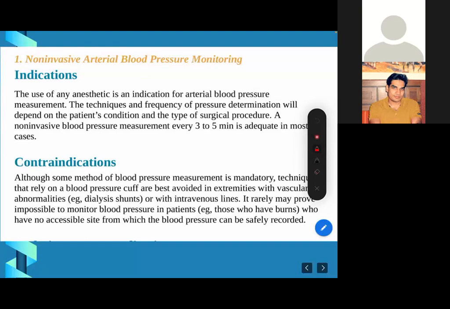Now we are going to discuss the indications of non-invasive blood pressure monitoring. If we are using any anesthetic agent, it is an indication for blood pressure monitoring, because most of them drop the blood pressure, except a few like ketamine.